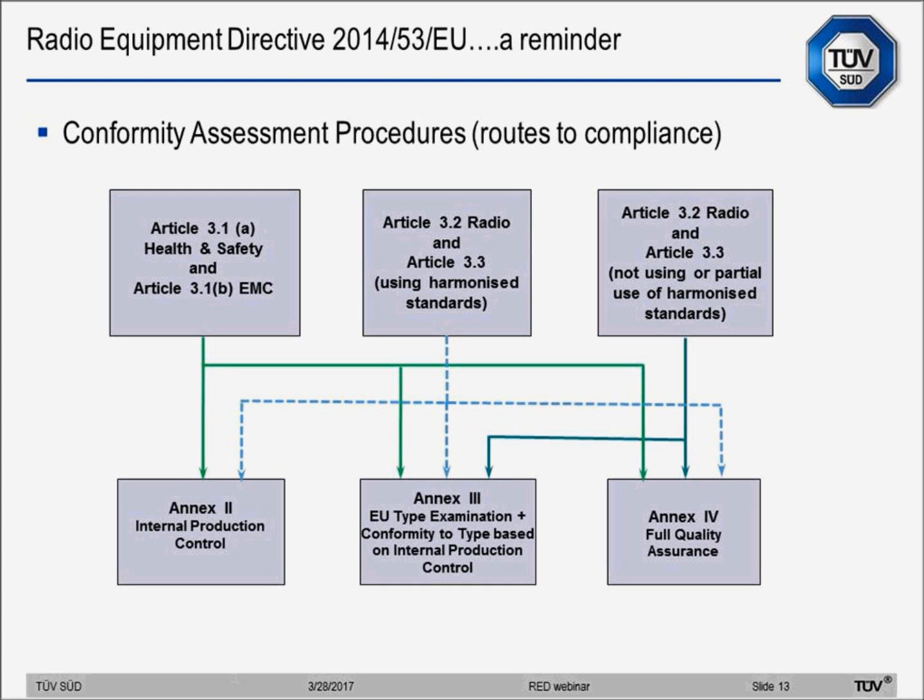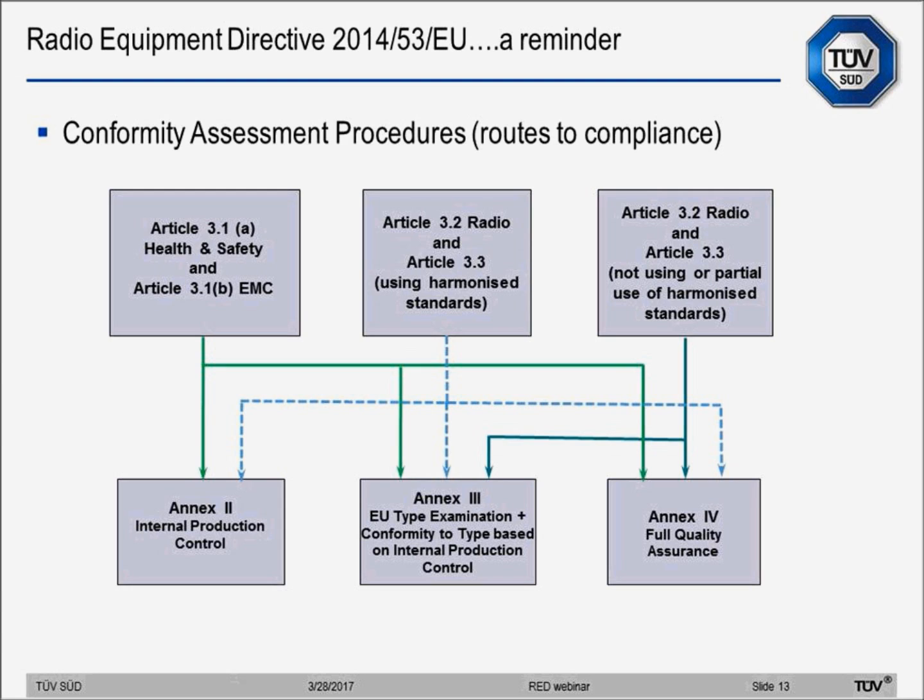Similarly, if you look at the top middle box for Article 3.2 Radio and Article 3.3, when you're using harmonised standards, and by that I mean RED Official Journal published harmonised standards, in full, you can use Annex 2, 3 or 4.